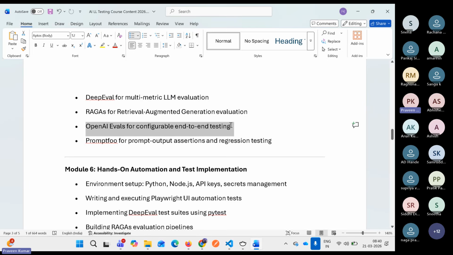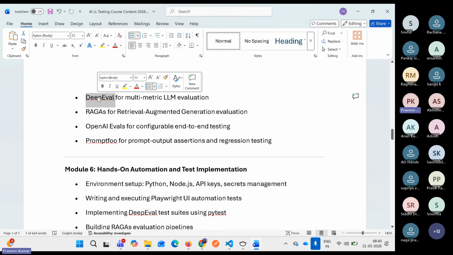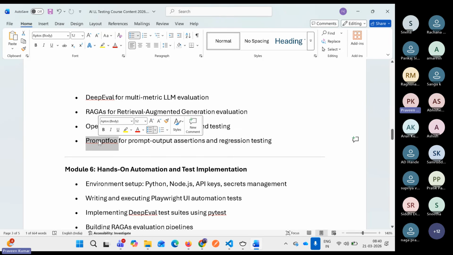OpenAI eval we will see as a part of the general, which is used by Deepeval as well. So in our course content, we'll mainly be learning Deepeval, Ragas, and Promptfoo. Most organizations that do AI LLM testing use either Deepeval, Ragas, or Promptfoo. When you learn these three different tools, you can fit into any organization.